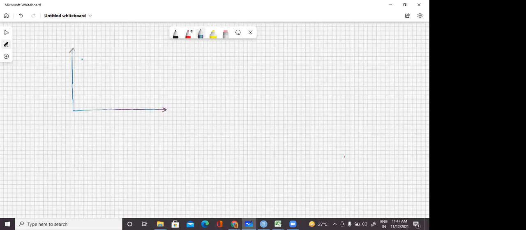Now suppose these are the data points. This is the x-axis, that is the independent variable. This is the y-axis, that is the dependent variable. Now, what we did earlier was find out a regression line. That is the line of best fit. This is the regression line.